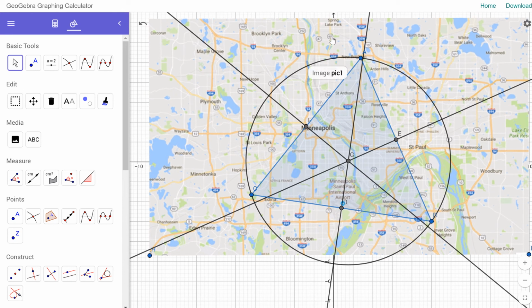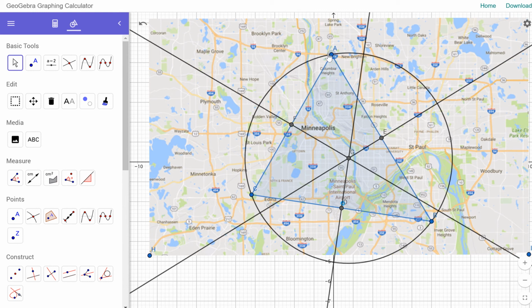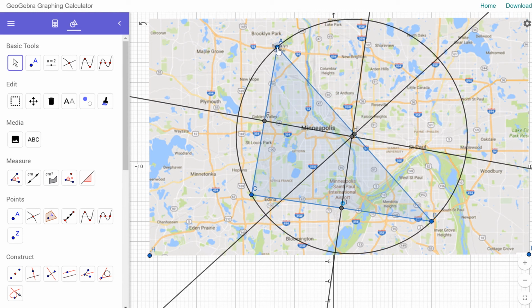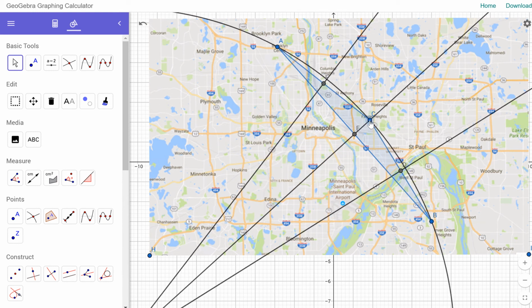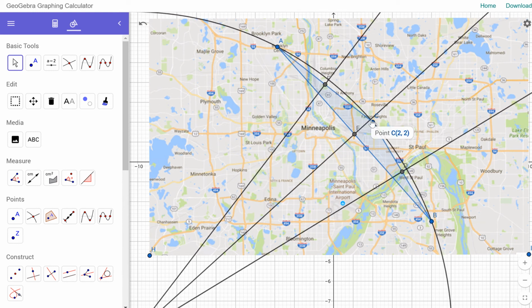Now, let's say, for example, we live in Brooklyn Center, which is right here. Let's say our main focus is a kind of business model, where we want to look for a location to build our business.